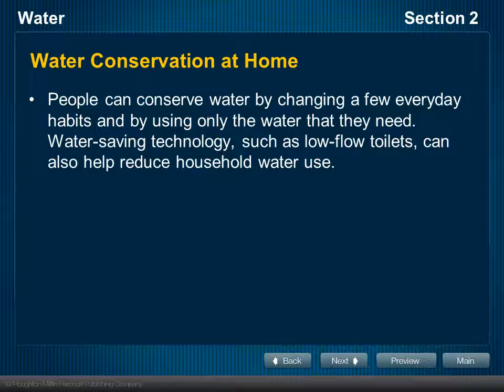So you got wet, you turned off the water, you washed, you turned the water back on, you rinsed, you turned off the water. And my dad was a stickler for that because he was paying a water bill. Not because he was worried about water conservation.